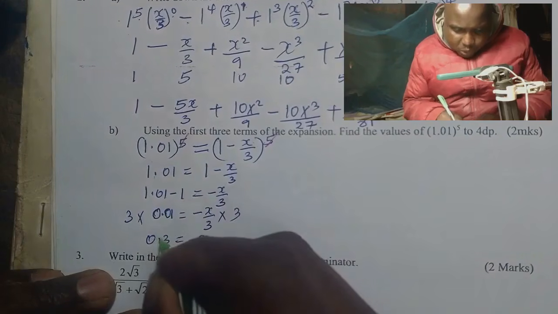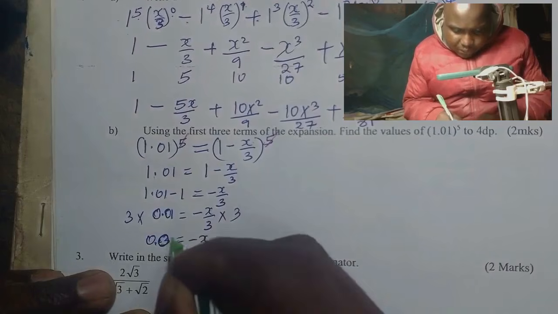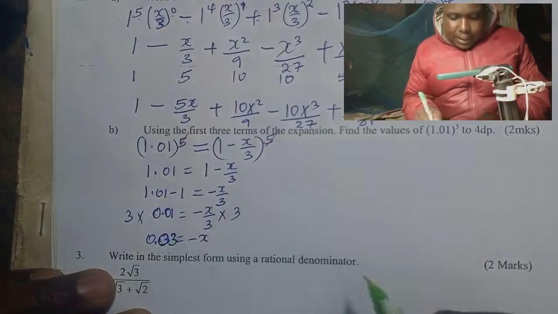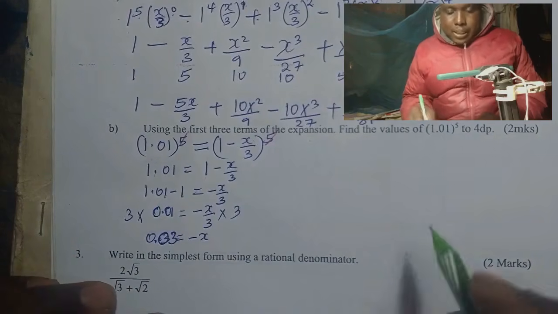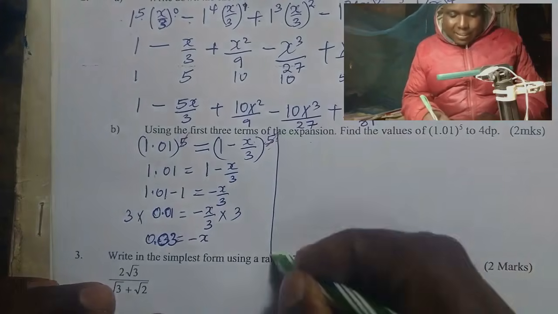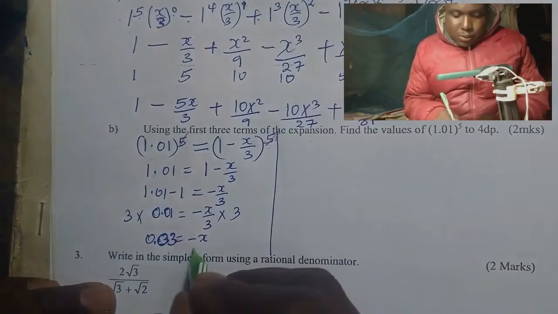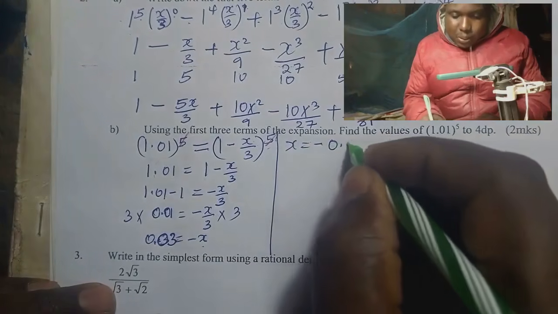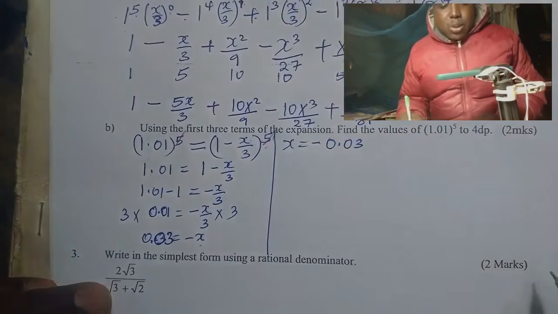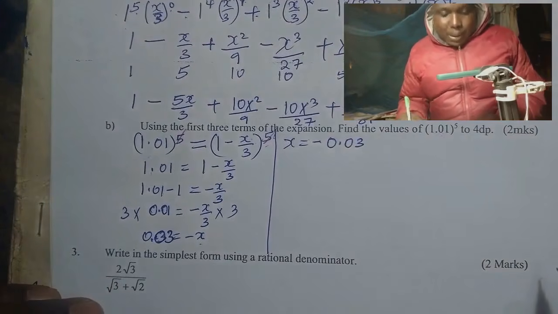So this one is going to be 0.03. We don't want negative x, we want x, so you divide by negative both sides, so x is equal to negative 0.03. Negative 0.03 is our value of x.